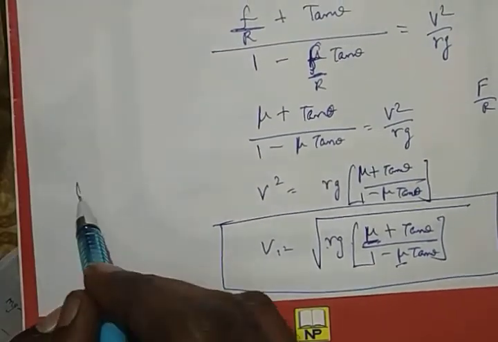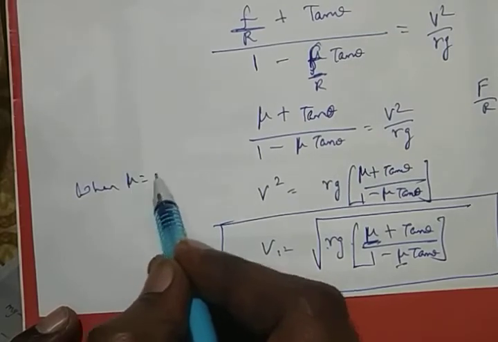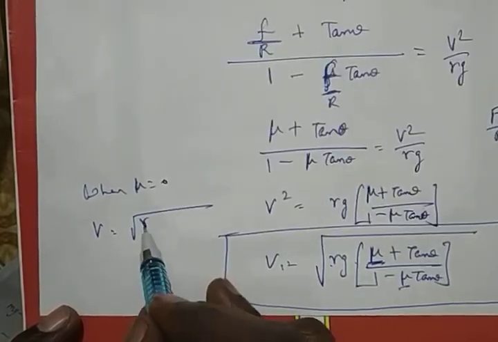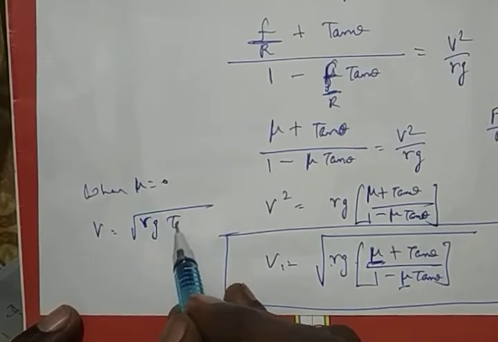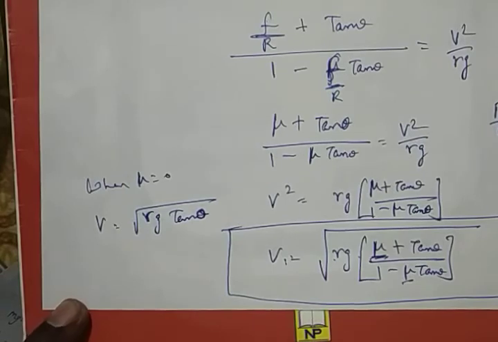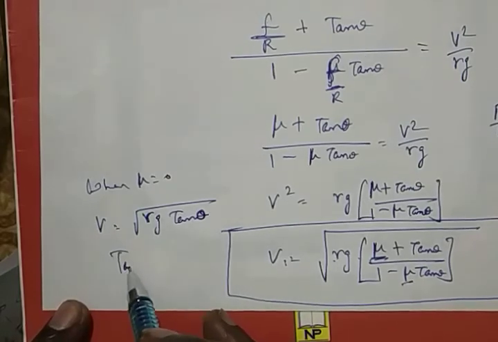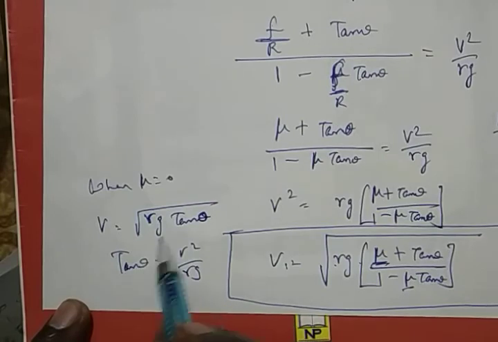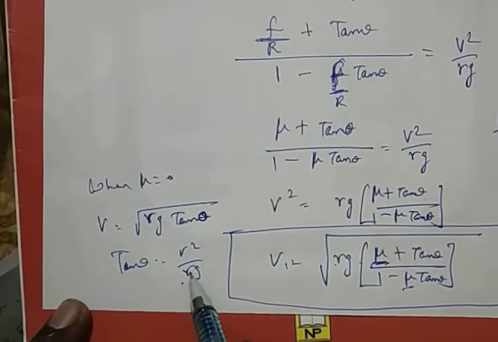So when mu equal to 0, v is going to be equal to under root of rg tan theta. In other words, tan theta is equal to v square upon rg. Squaring on both sides, you will get this value.